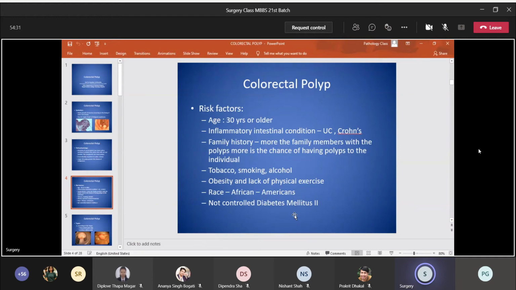Tobacco, smoking, alcohol, obesity, and lack of physical exercise are also risk factors. It is very rare in Africans, but American races have a very high incidence of polyposis. And uncontrolled diabetes mellitus. In those cases also you can see the overgrowth of the mucosa and the solid polyps. Okay.